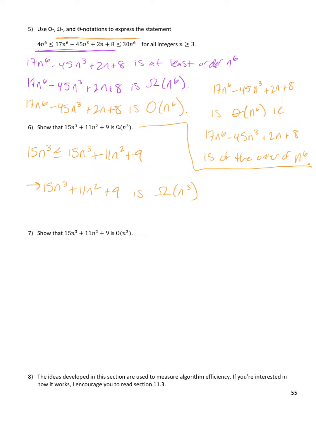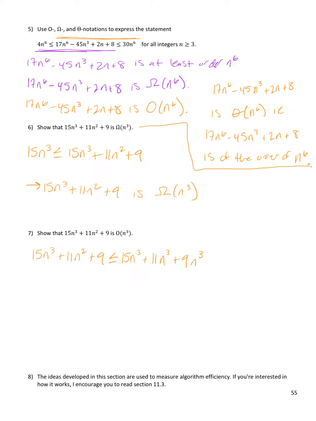All right, so now I want to show that same polynomial is big O of n cubed, which means I need to write 15n cubed plus 11n squared plus 9. I need to do an inequality in the other direction. It needs to be less than or equal to a multiple of n cubed. So 15 won't work in this case. But what I could do is, because n is positive, I know that for sure 15n cubed plus 11n squared plus 9 is smaller than or equal to 15n cubed plus 11n cubed plus 9n cubed.